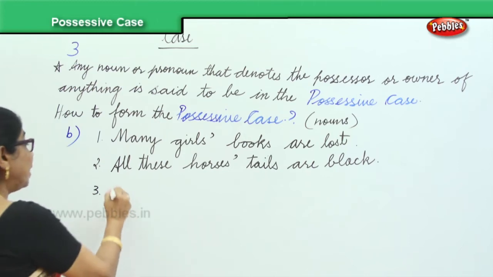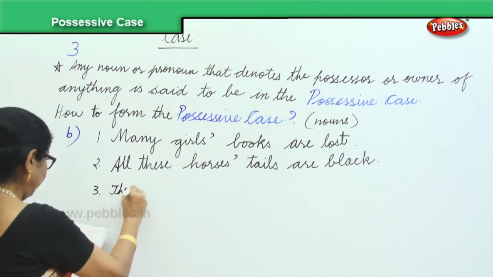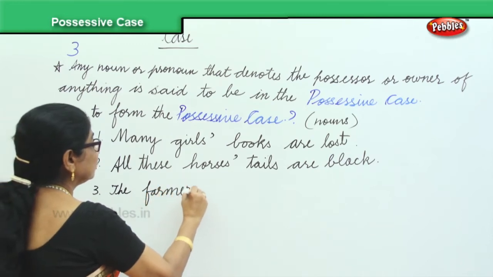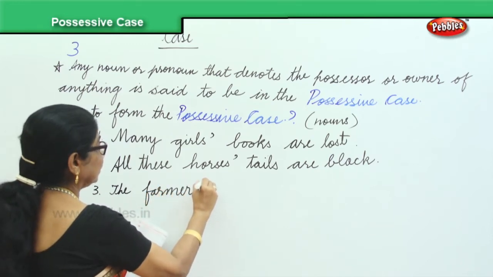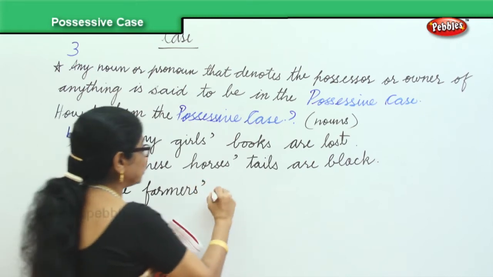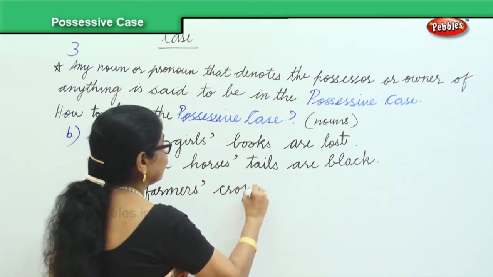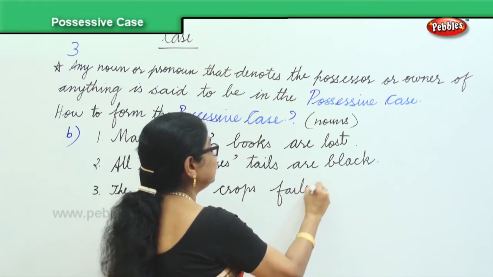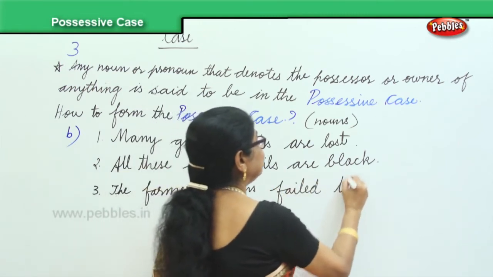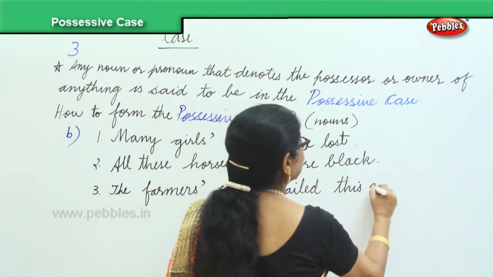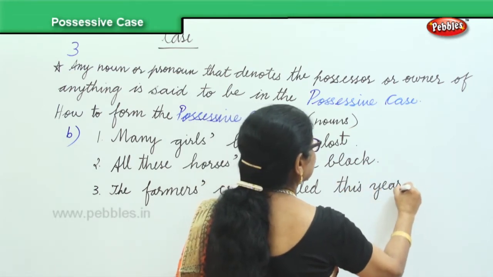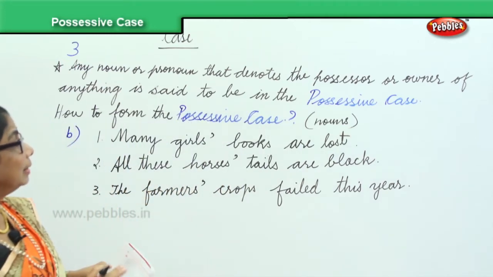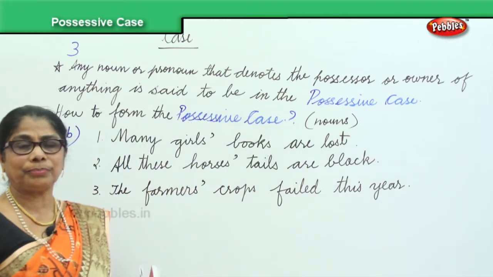Next, the farmers' crops failed this year. Now, in these sentences, look again at the nouns.